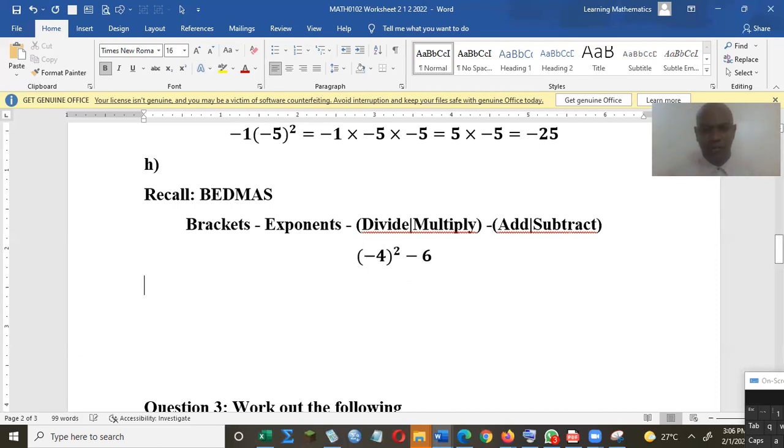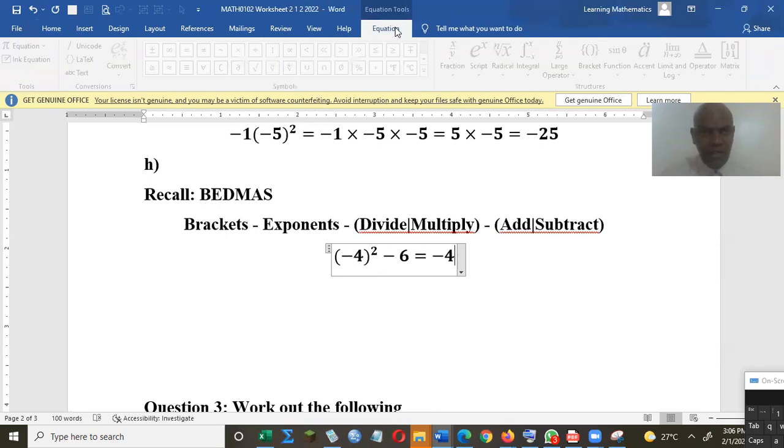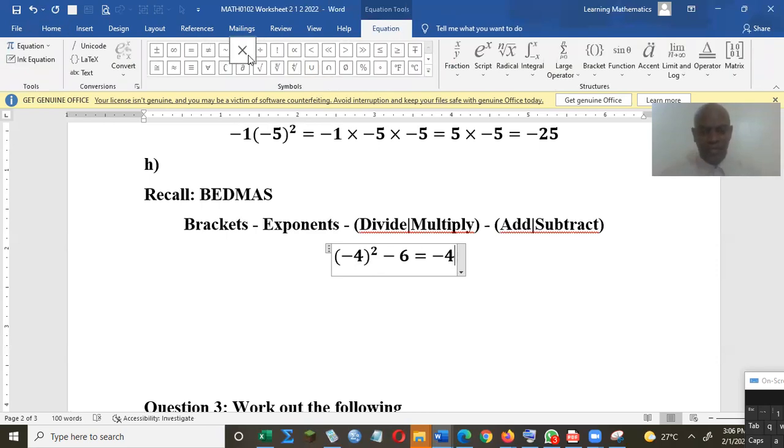So therefore, this basically means that we have to square negative 4. Negative 4 all squared, so that's negative 4. So if you do not see the equation, just go and look for equation there, because once you're inside of that little rectangle, you can go to equation and then you go to times. That's negative 4 times negative 4.